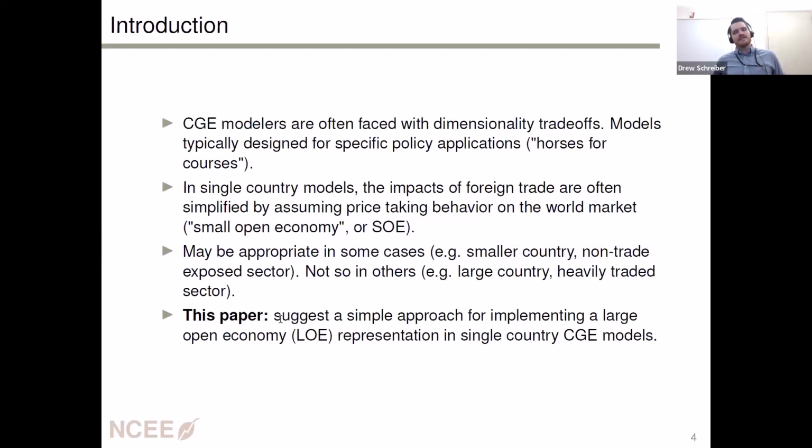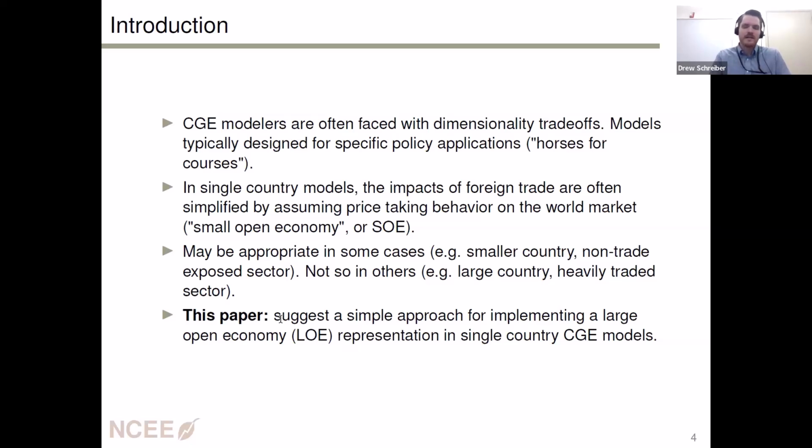So just to set the scene here, as we all know, as CGE modelers, we're often faced with dimensionality trade-offs. Typically, we'll be approached with trying to answer or provide evidence about some sort of policy, and we want to analyze it within a CGE model.